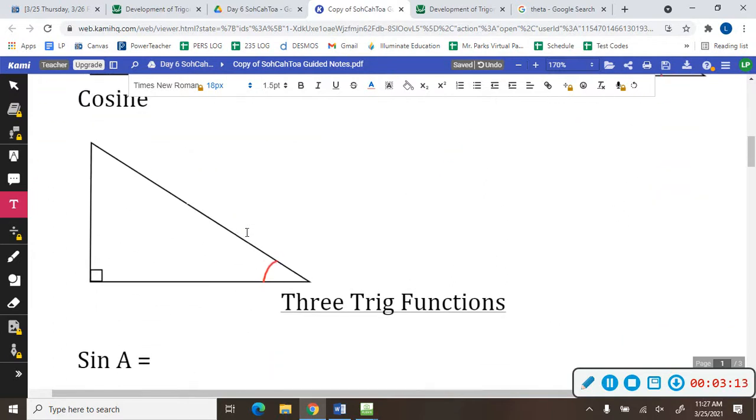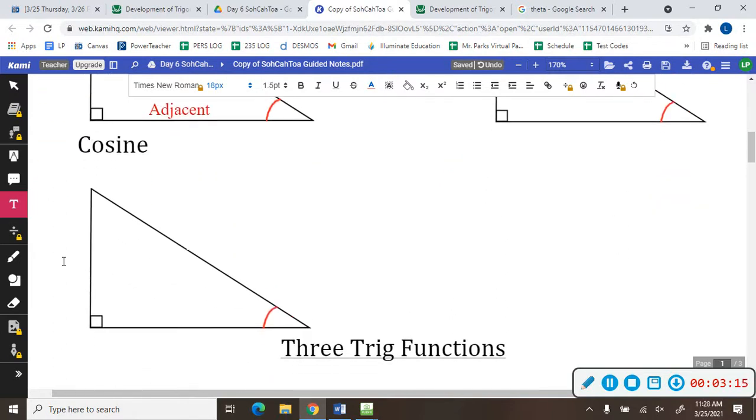Cosine, use cosine when you have adjacent and you have hypotenuse. So maybe you know this angle, maybe you're trying to find adjacent, but you have the hypotenuse. So that's what you would use for cosine.